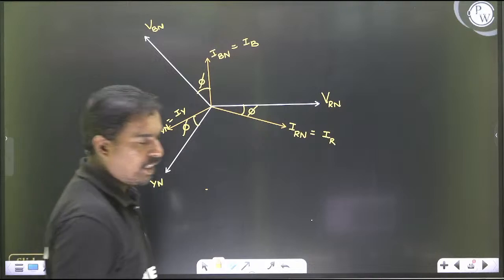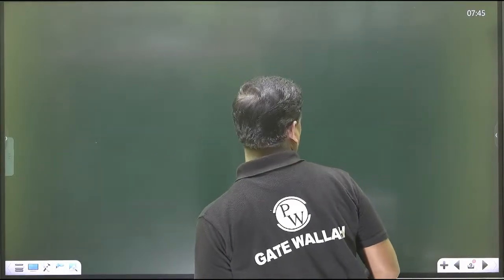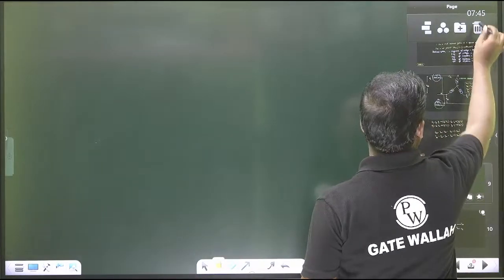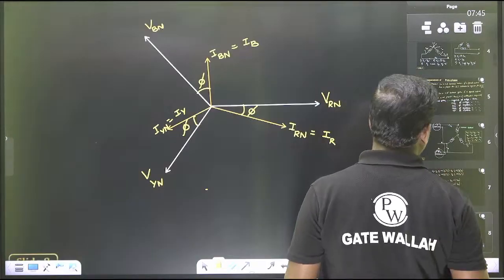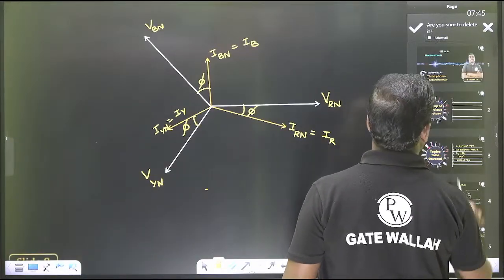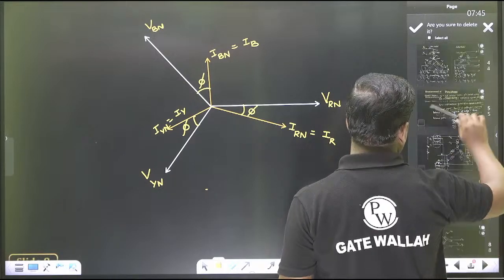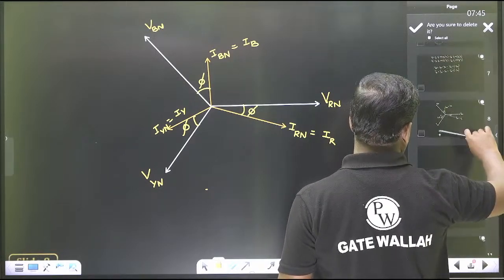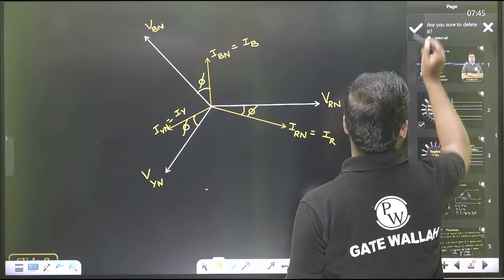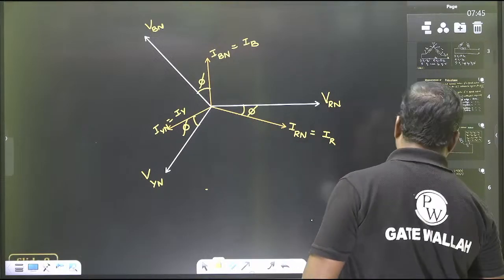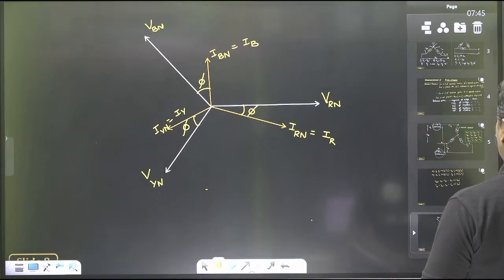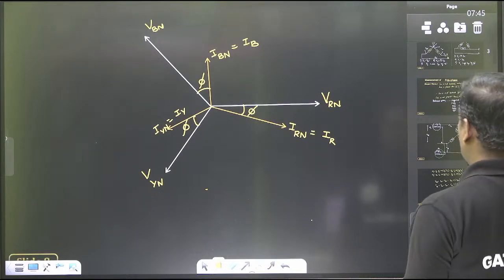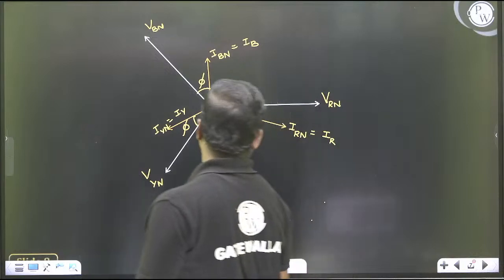So what do I need? The phase angle between VRB and IR, we want the phase angle. So what is the VRB and IR?